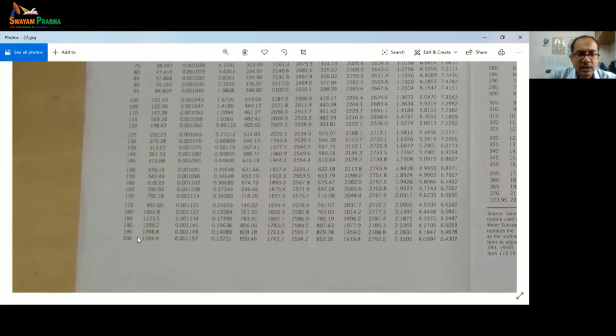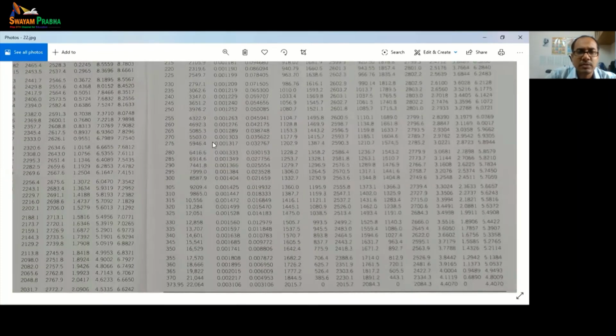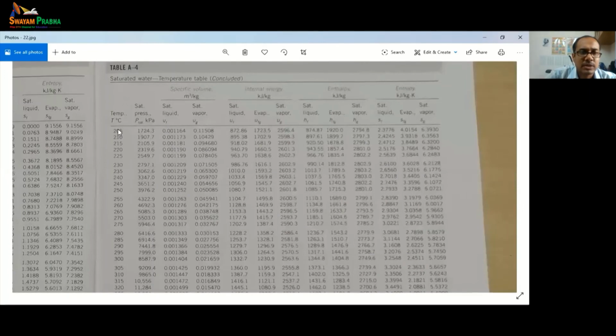Here at the end of this page, it's 0.12. So we need to go to an even higher temperature. For that, we need to continue with this table. Here you see the temperature is again increasing and the specific volume of vapor is decreasing.